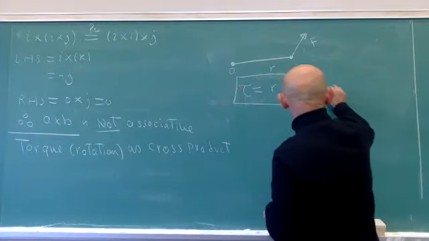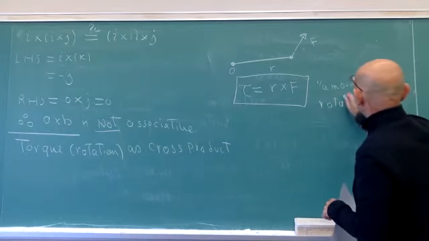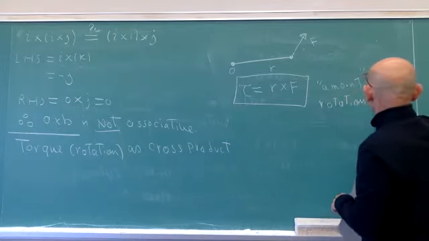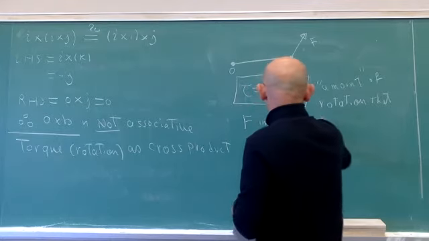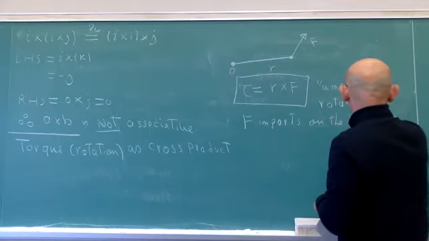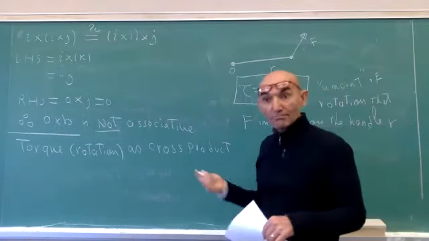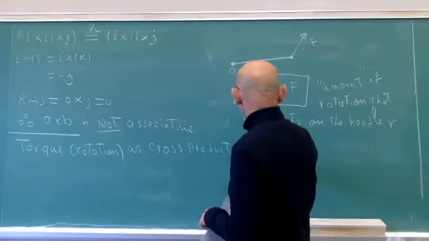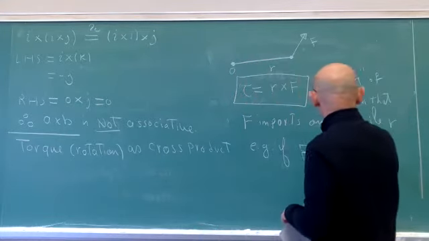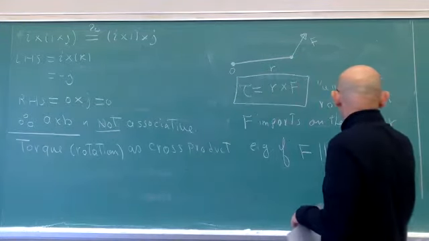So for example, if F is along R, if F is parallel to R, the torque is equal to 0.